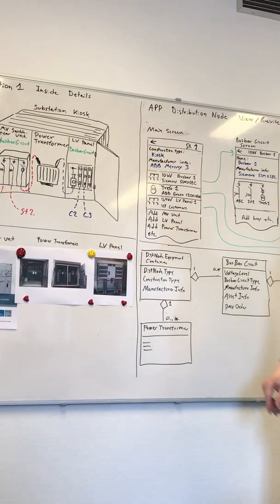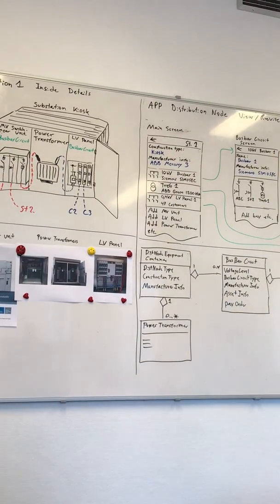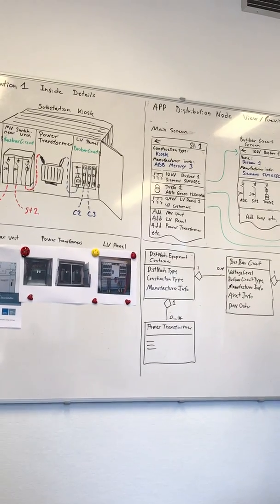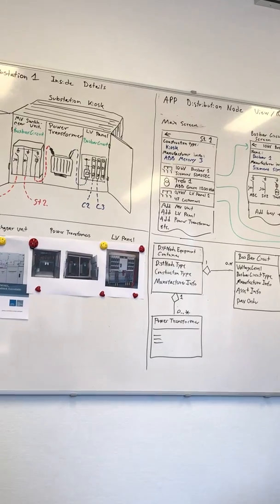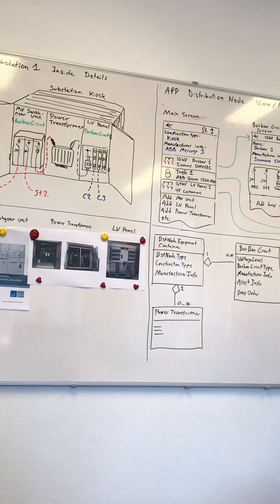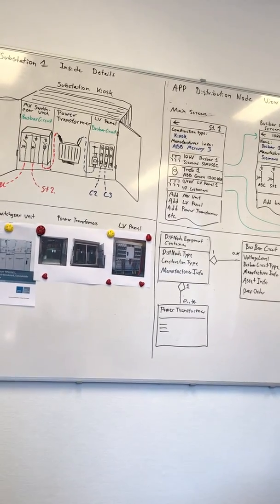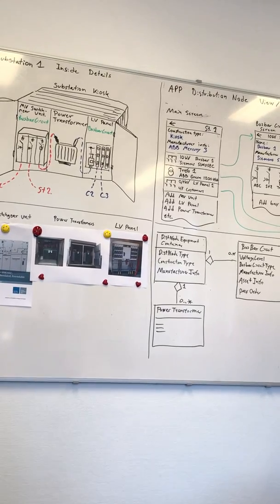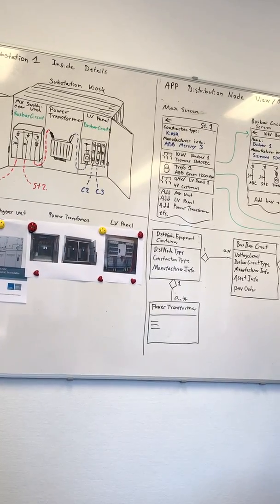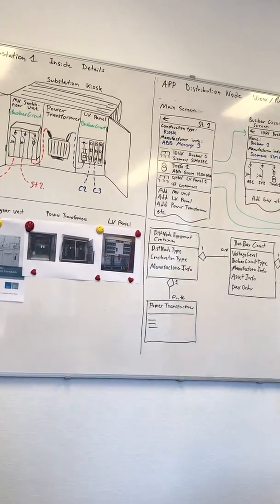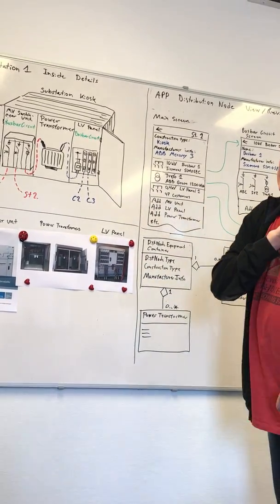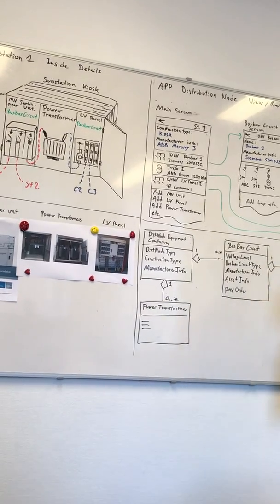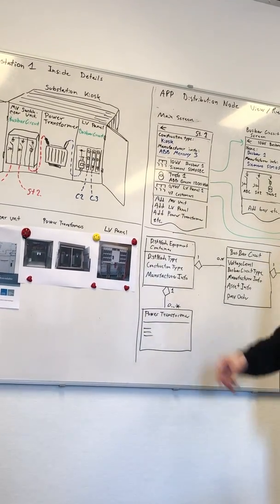Yes, but inside you say 47 customers. Is it necessary for the technicians to be able to click and see the details of each customer? Yeah, then there will maybe be the owner of the house, the address.